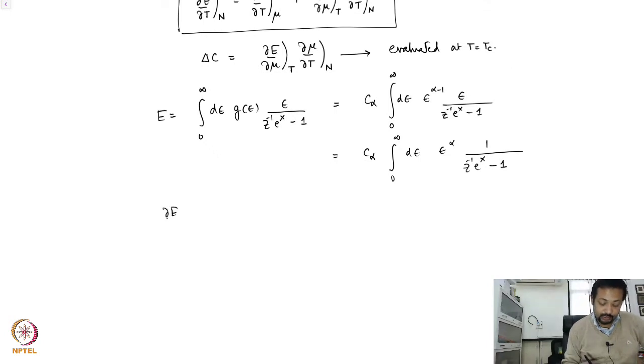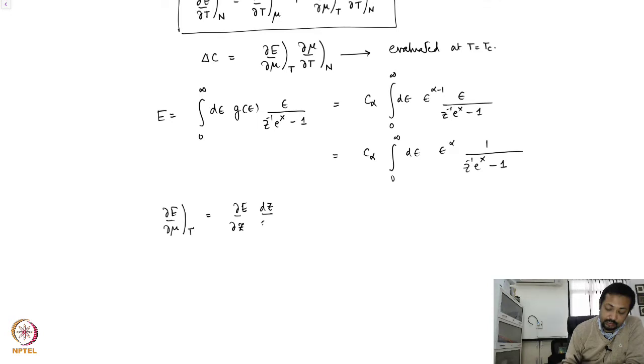So that del E del mu, temperature held constant, I note is going to be del E del z times dz d mu, and since z is equal to e to the power beta mu, dz d mu is going to be e to the power beta mu times beta.